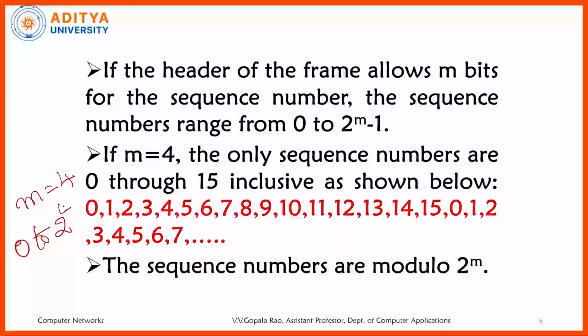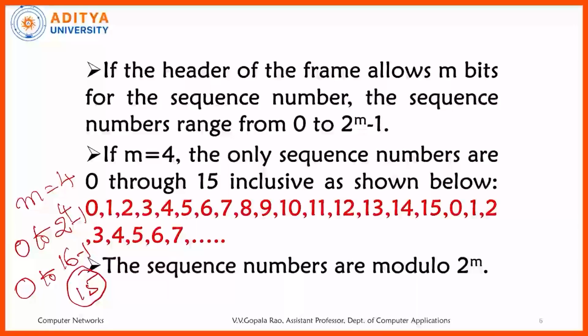If you simplify this, the starting frame can be 0 and the final number is 2 to the power of 4, which is 16, minus 1, which is 15. So the frame numbers can be between 0 and 15. That is why in the example the frame numbers are shown in that way.